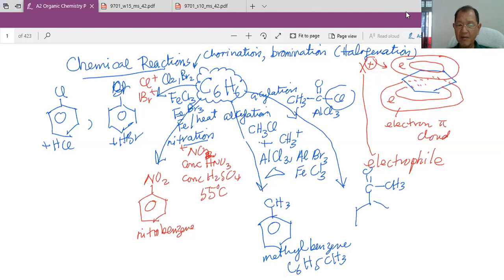Okay, don't worry about the name first. Now, all these are called what kind of reactions? What kind of mechanism? Now, the name for it is called electrophilic substitution.